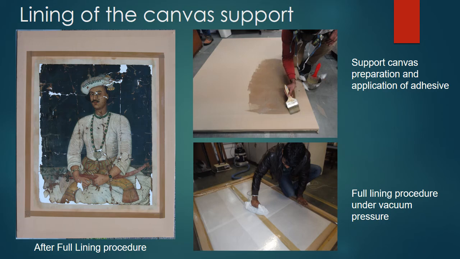A support canvas was chosen on the basis of the strength of the original canvas and Biva was applied with a brush on the side to be adhered onto the back of the painting canvas. This whole process was done under a vacuum suction setup with application of heat to regenerate the adhesive.